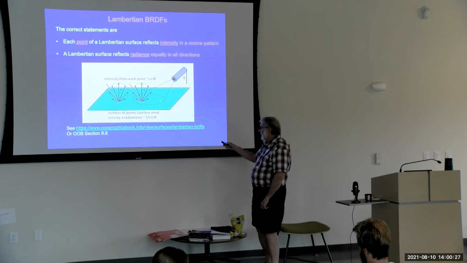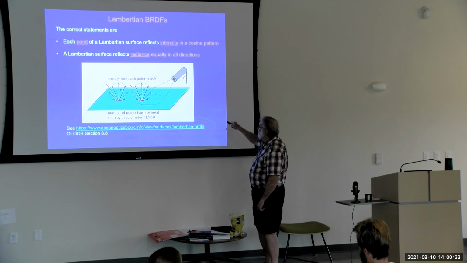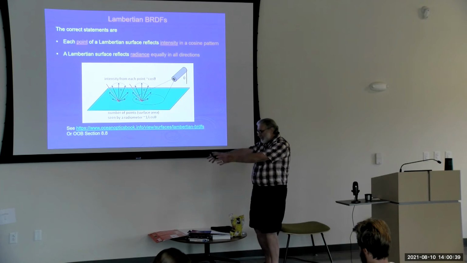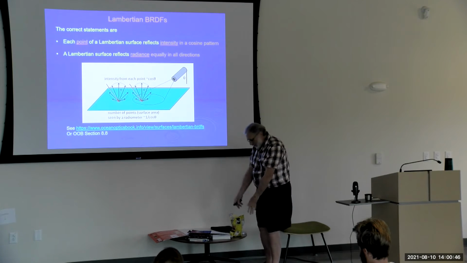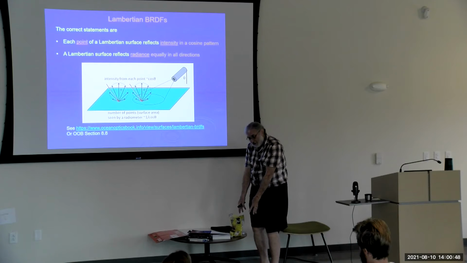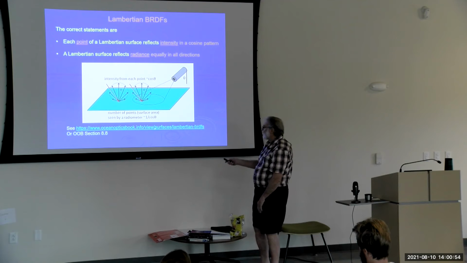And then every point on the surface is doing that. As I move my radiometer from this angle, I'm seeing this area of surface. But if I move the radiometer further out, I'm seeing a bigger patch of surface that's proportional to the cosine of the angle. I look straight down, I see a little bit of surface. I look over here, I see a bigger patch of surface by a factor of 1 over the cosine.